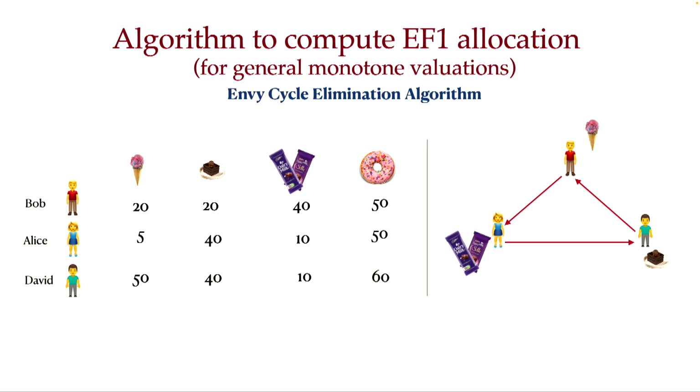That is why we reallocate items. This person likes her bundle more, so let's give this to this guy. So now you see, the cycle is in this direction, but reallocation will happen in the opposite direction.